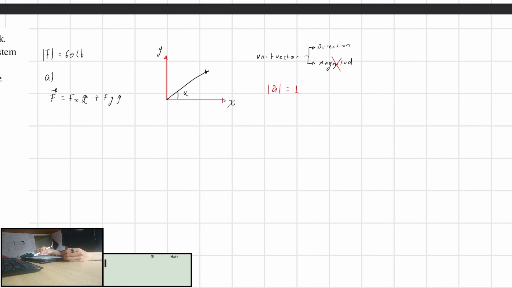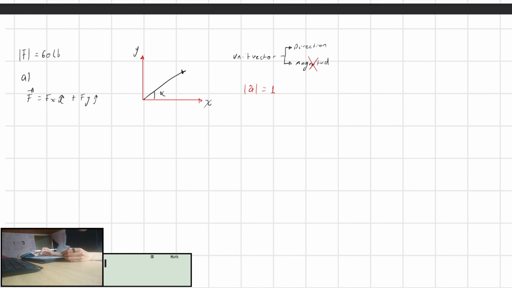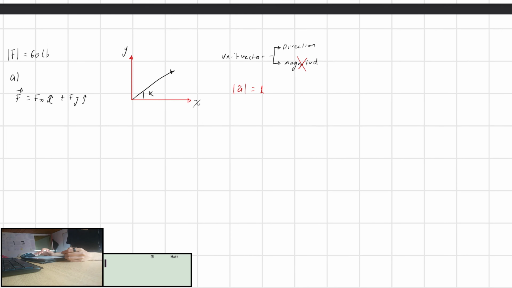There are two ways in which we can find the unit vector. The first one is by using the magnitude of the vector. For example, if I have a vector F, I would have the magnitude of the vector F, right? So the unit vector F is going to be equal to the vector F divided by the magnitude of the vector F. This is the first way.